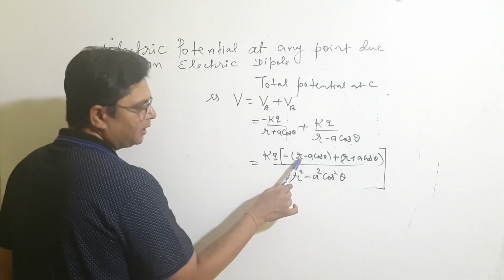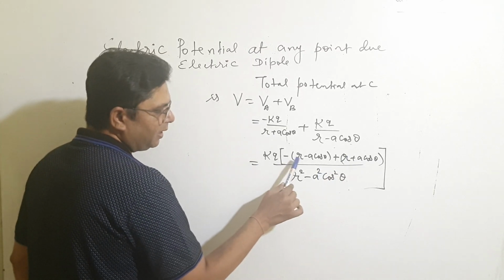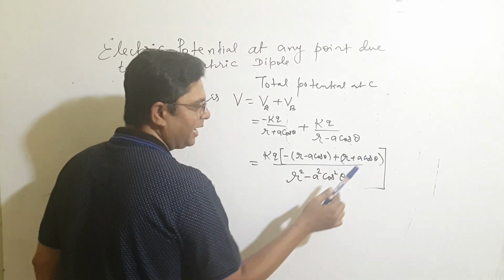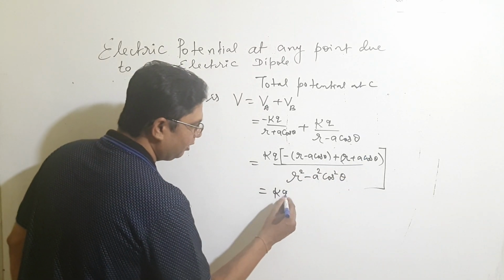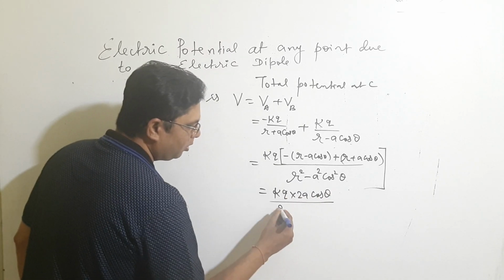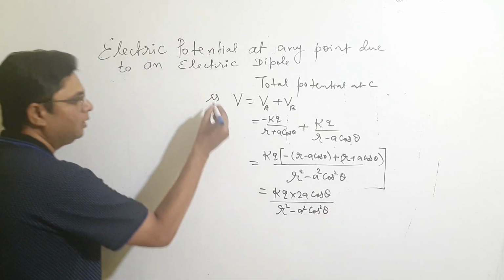The minus R and plus R cancel out, and minus multiplied by minus becomes plus, so A cos theta and A cos theta add up to 2A cos theta. So you have KQ into 2A cos theta upon R square minus A square cos square theta.